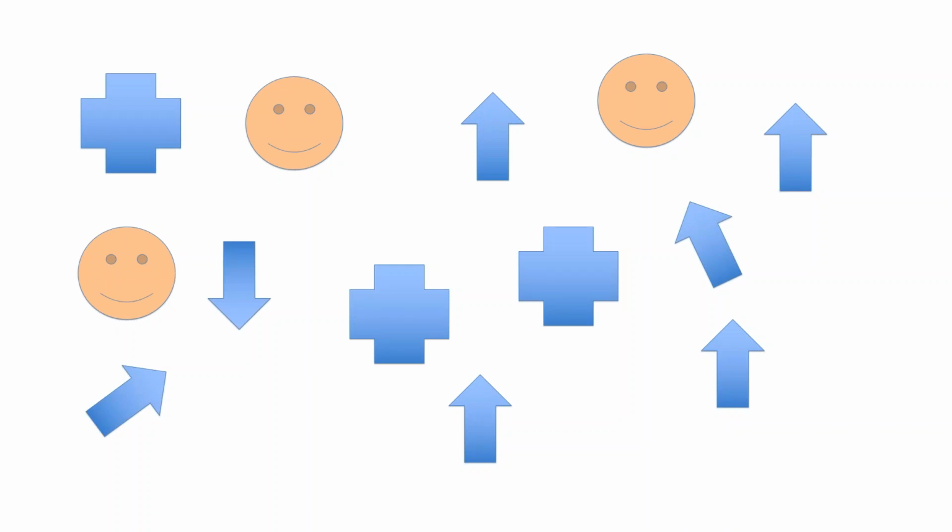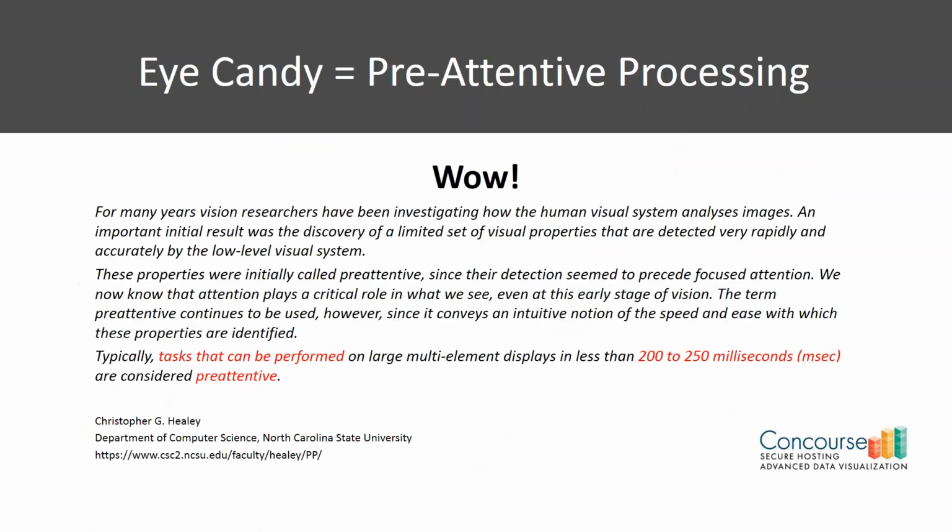So this may seem kind of obvious or silly, but this is actually very powerful, and this is really at the core of why data visualization works. And so when we talk about eye candy, there's really a technical term for this that's called pre-attentive processing. And so we're going to go to a website here that's going to explain and give a little bit more examples about it.